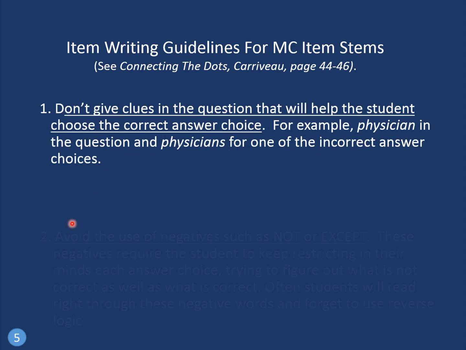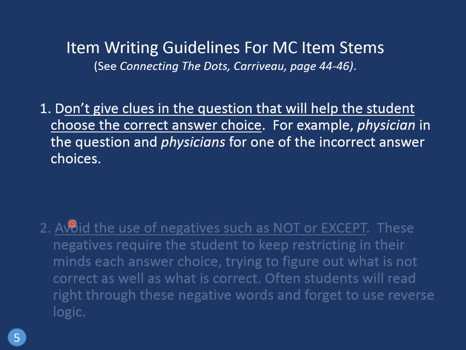And in my book, the rules are listed, and Haladyna, Downing, Rodriguez, all the well-known people in the field have written all these different guidelines down, and I've tried to put explanations for them in the book. So if it says don't give clues, an example is if you say physician in the question and you put physicians as an option, the students are going to right away say, well, physicians couldn't be that because we got a clue from physician.